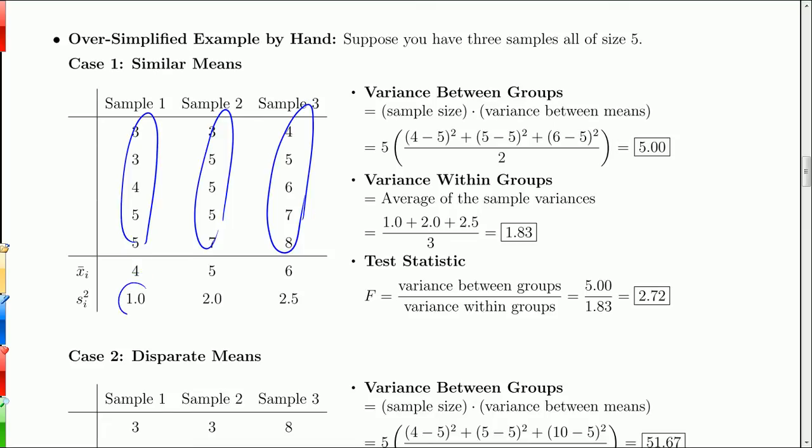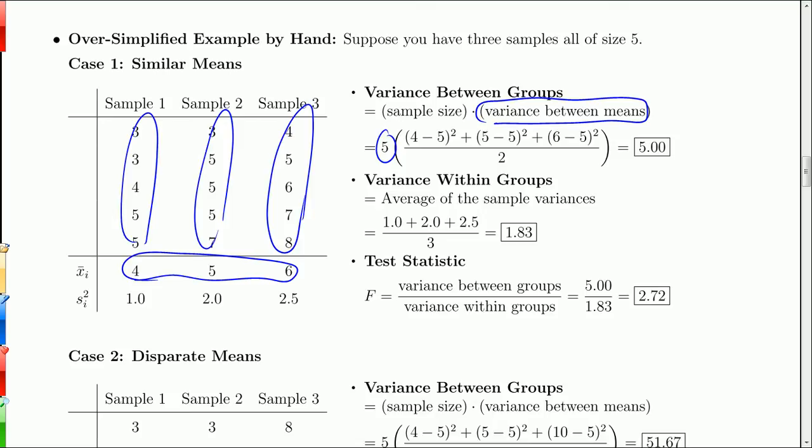And I've also calculated the sample variances, not standard deviations. So those are the sample variances. The way we get the variance between groups, it's a type of variance, is we take the sample size, we weight this variance, times the variance between means. The mean of those means is 5.